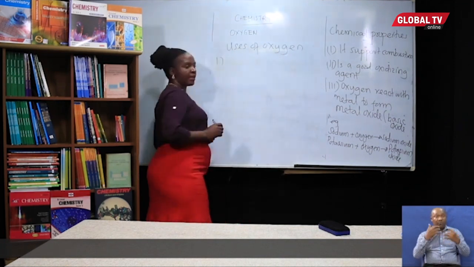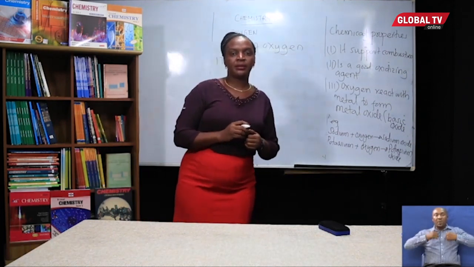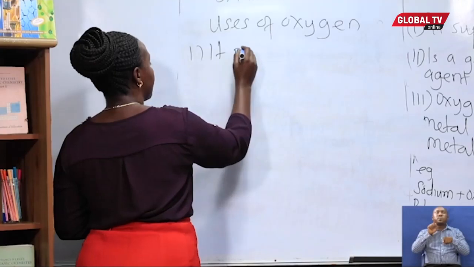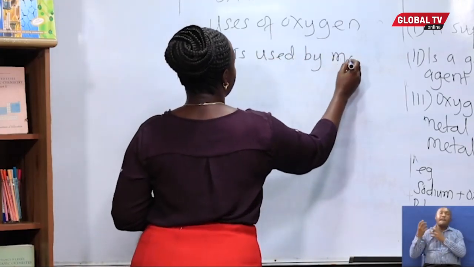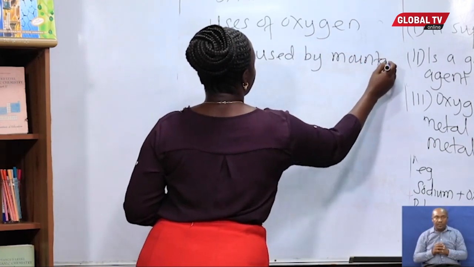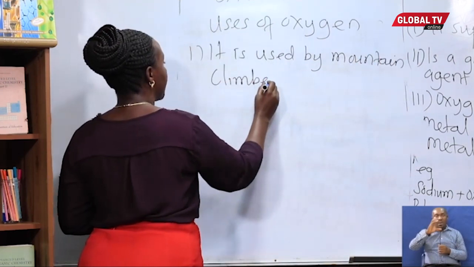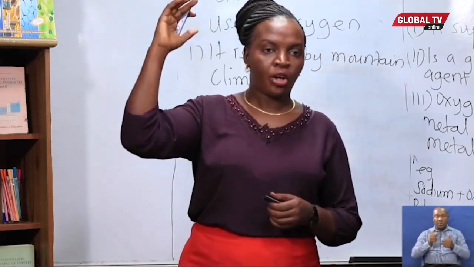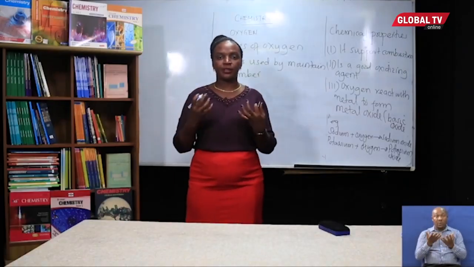Number one, oxygen is used by mountain climbers. Those people who climb to the top of the mountain need oxygen in order for them to survive.